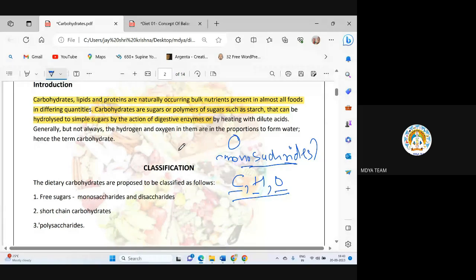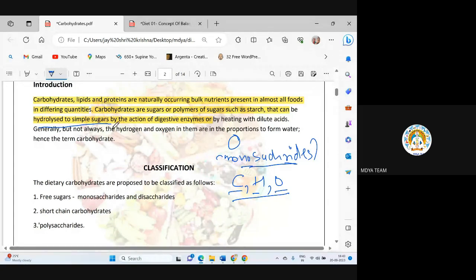Our body is made up of cells. Similarly, carbohydrates are made up of monosaccharides. Monosaccharides are the building blocks of carbohydrates. Monosaccharides are chemical substances formed from three elements: carbon, hydrogen, and oxygen. Now, this is what is written here. If we hydrolyze carbohydrate, it will be broken into simple sugar.